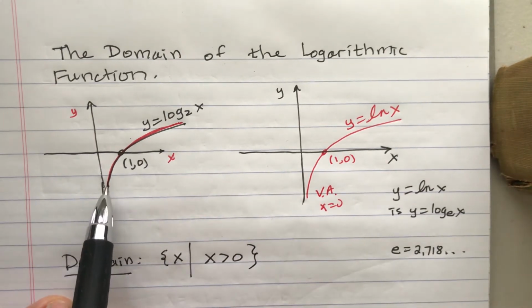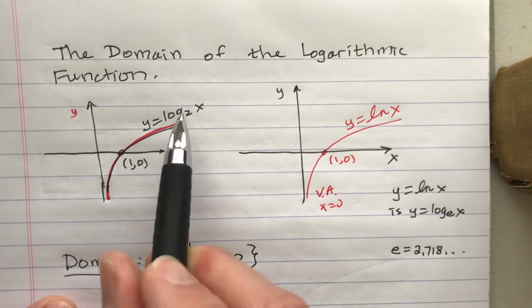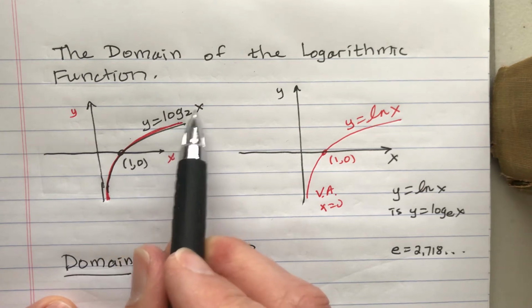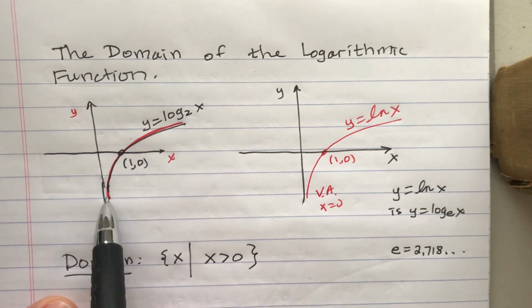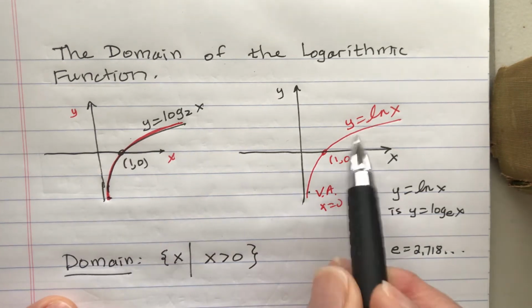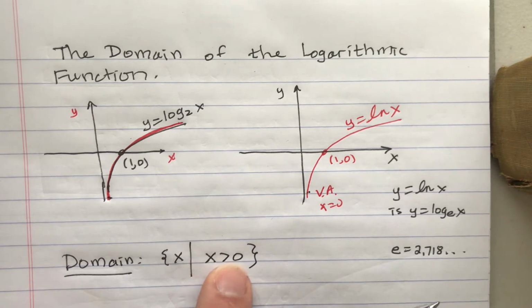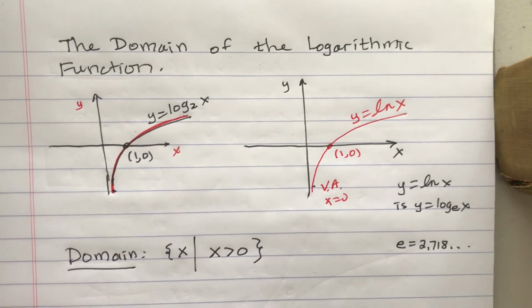This is the graph, and it has points that satisfy the equation, and the x-coordinate here is positive. Over here, the x-coordinate is positive for both of those graphs. So the x-coordinate will always be positive, so we can only look at x greater than 0. So that's our starting point.